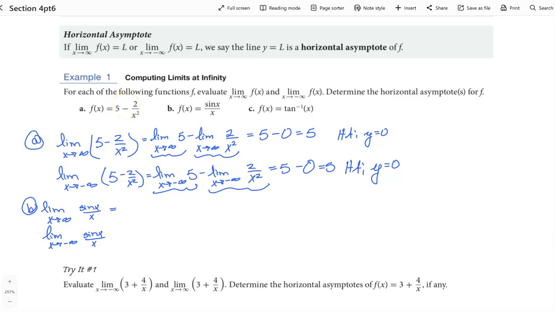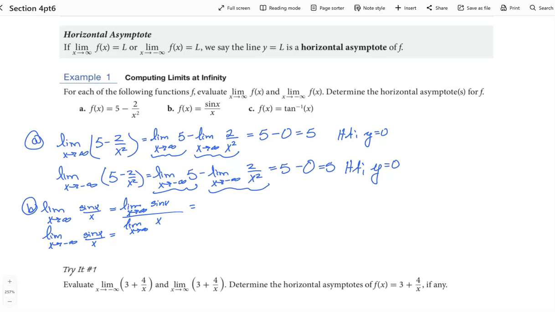So let's think about what's happening with these. If I take the limit as x goes to infinity of a quotient, I could think about taking the limit of the numerator and the denominator separately.